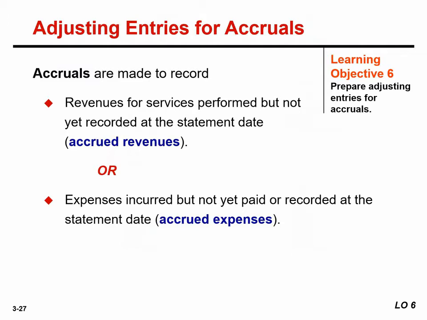We have accrued expenses whenever we have expenses that are incurred but not yet recorded during the accounting period. So now the adjusting entry will play its part here at the end of the period by recording these accrued revenues and recording these accrued expenses.